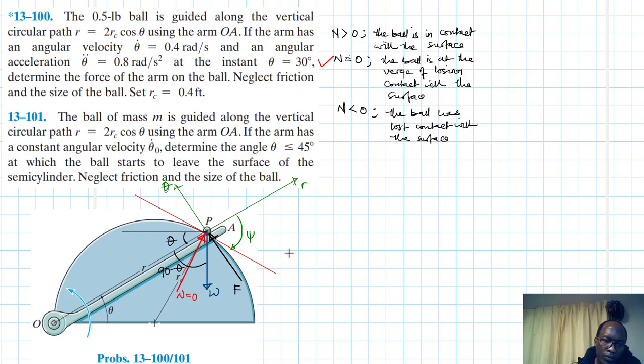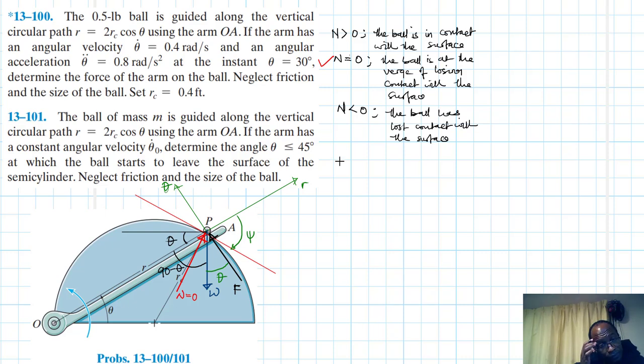And if that is the case, then this angle here is 90 minus theta, therefore this one here is theta also. This is theta. Great. Having said that, let's work out this particular problem.